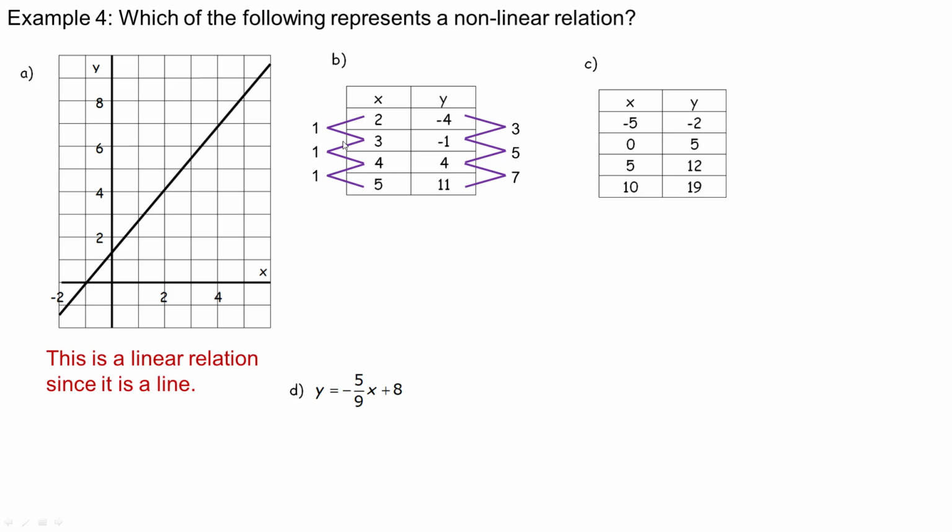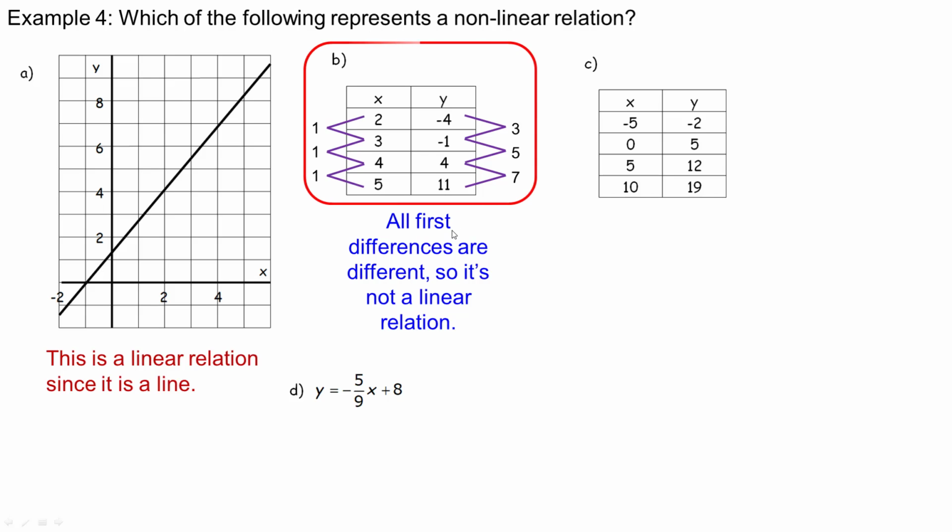Now, if these x's are all going up by the same amount, 1, or it doesn't really matter what, but 1 makes it convenient, and these y's are changing by different amounts, that means this is nonlinear. These are called the first differences, and if they're different, it's nonlinear. If they're the same, it's linear. So the nonlinear one would be this B one.